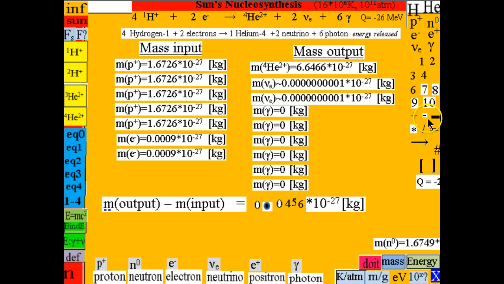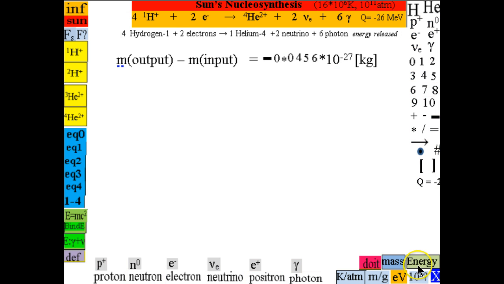And we have to put a minus sign before it, because the input mass is larger than the output mass. So what happened to the mass difference of 0.0456 multiplied by 10 to the power of minus 27 kilogram?